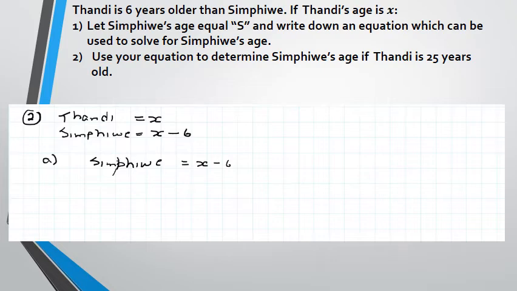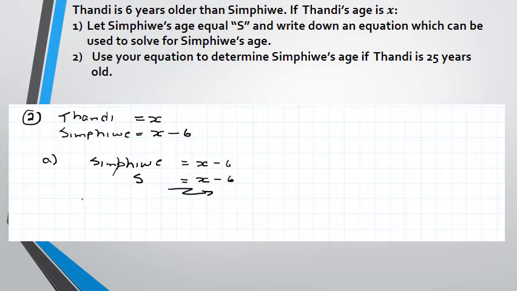They say that the age of Simpiwe must be the symbol S, equals x minus 6. And here I have derived the equation they have asked me to do.